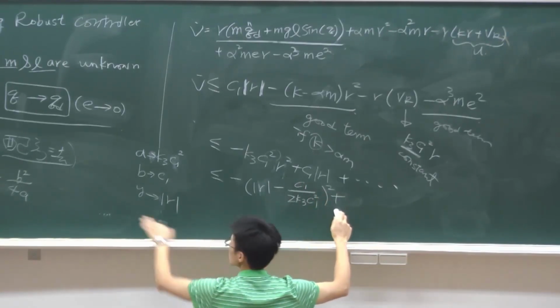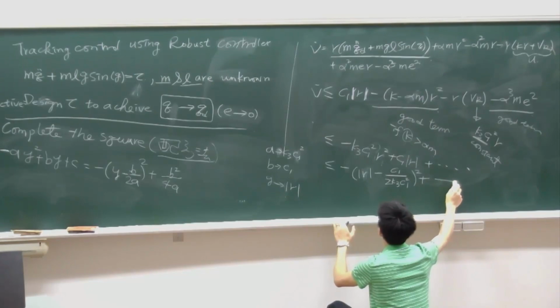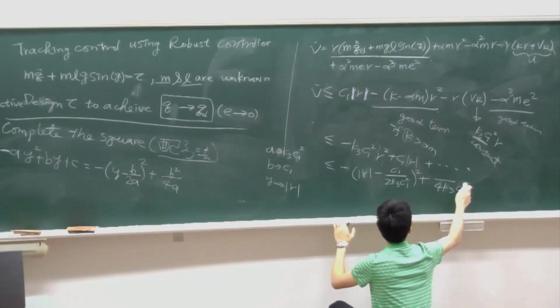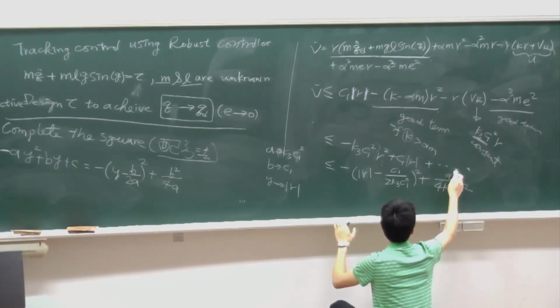square plus 4a, 4K3 C1 square b square C1 square.